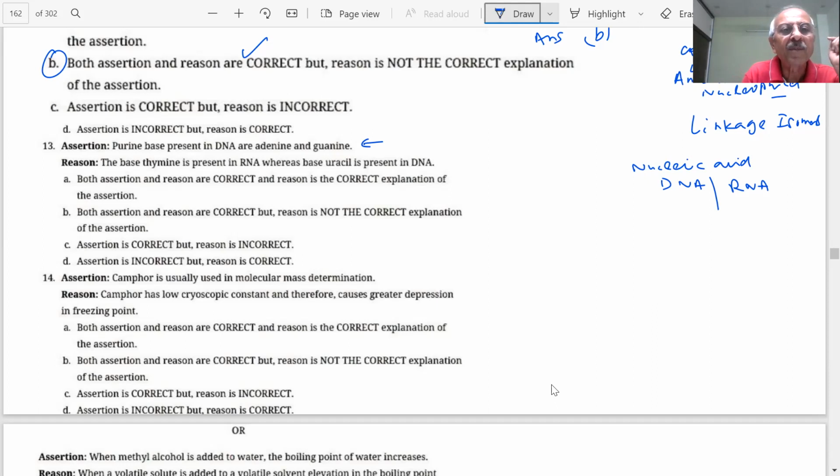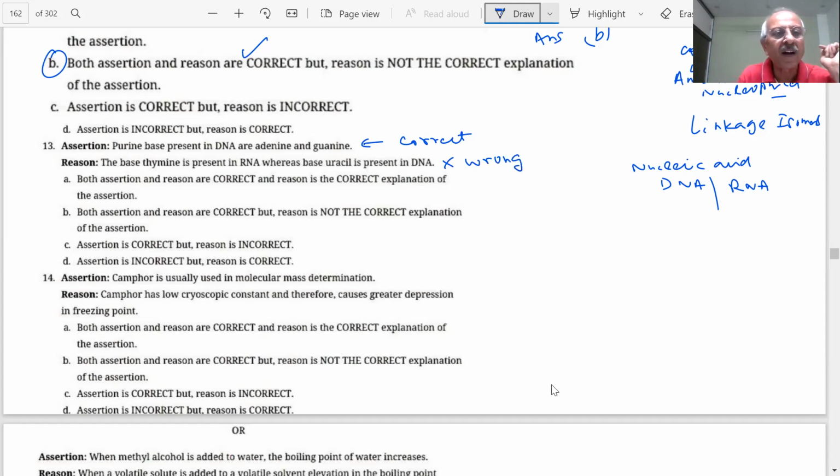The purines are the class of compounds to which adenine and guanine belong. Purine bases present in DNA are adenine and guanine. That is true. This is correct, students. The base thymine is present in RNA, whereas base uracil is present in DNA. This statement is wrong, student.